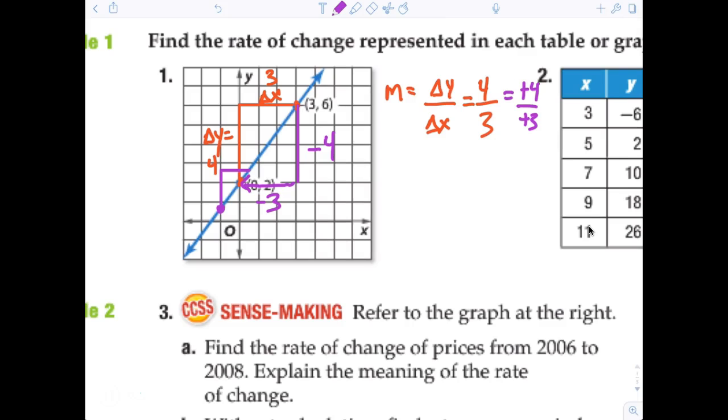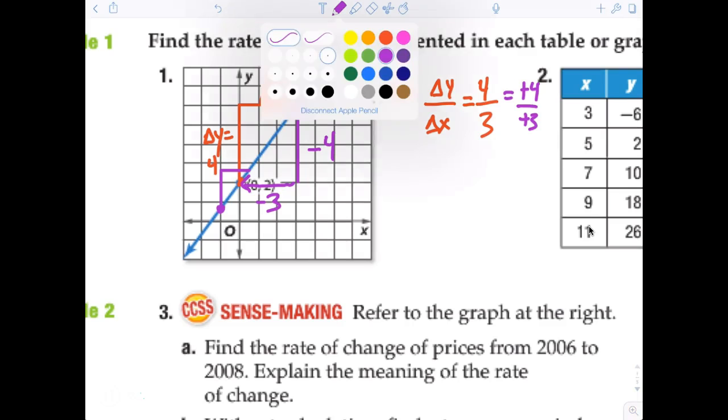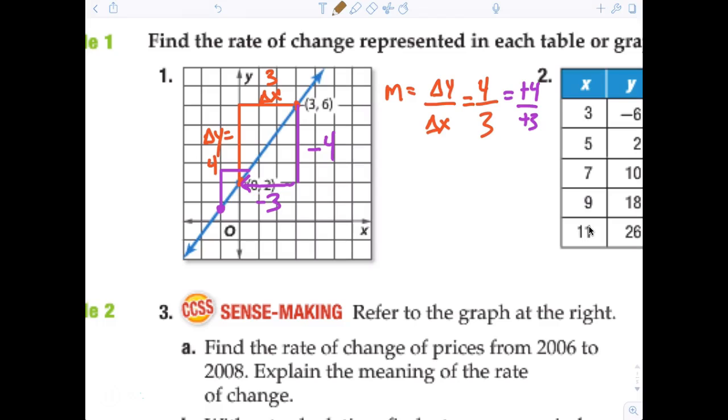Now watch this. I'm going to show you something else. Listen carefully. What if I went from here to here? What's that slope? 4 over 3. What if I went from here to here? 4 over 3. It doesn't matter. The slope is always going to be 4 over 3. It might be 8 over 6, and 8 over 6 is still 4 over 3.